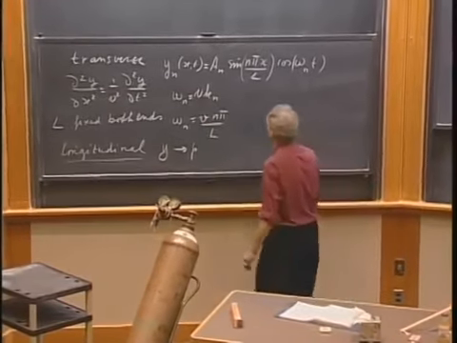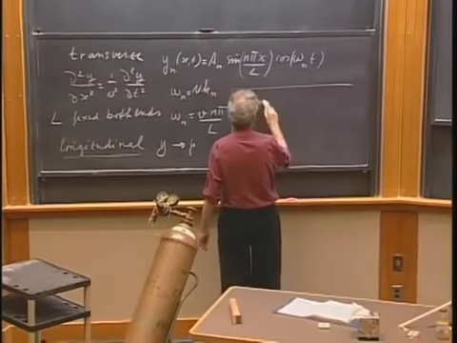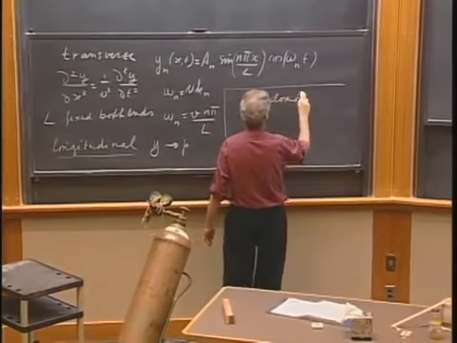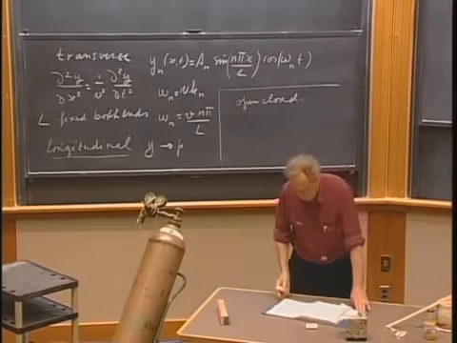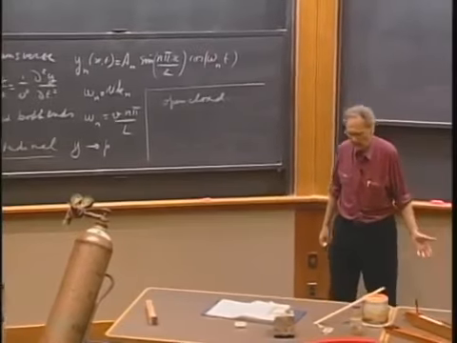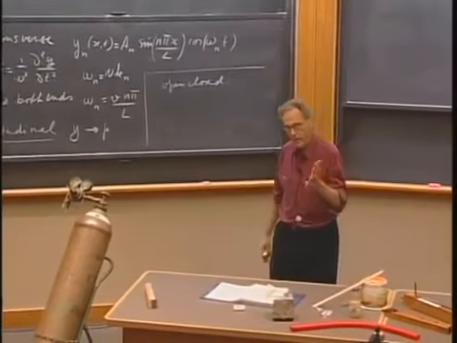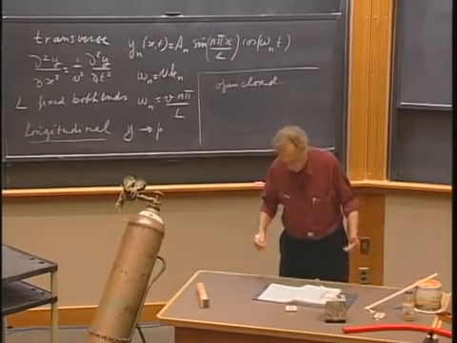If you have an open-closed system, so now you close one end, then you want the boundary conditions that p is 0 at the open end, and p has to be an antinode at the closed end, where the pressure can build up.